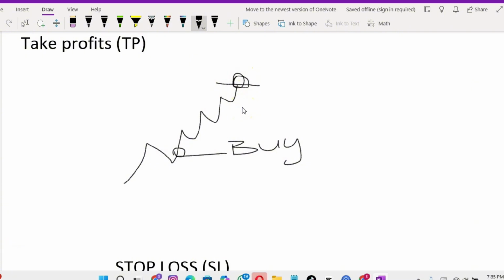Now, it's called take profit because it takes you out in profit. It means that you are going to be in profit because the market went in your anticipated direction, so it's going to take you out in profit. Setting a take profit target is very important, especially if you are busy.